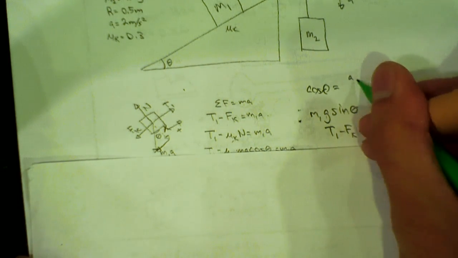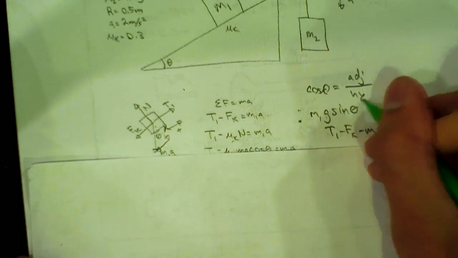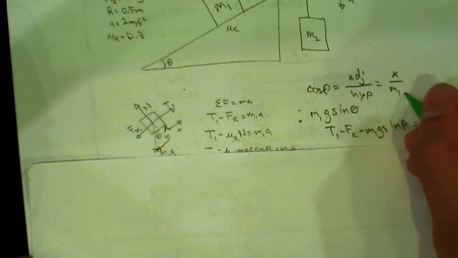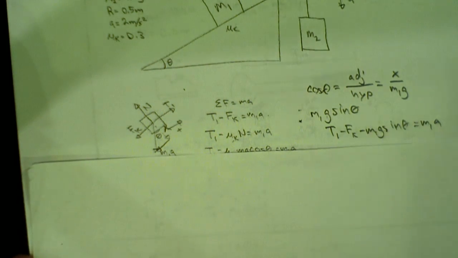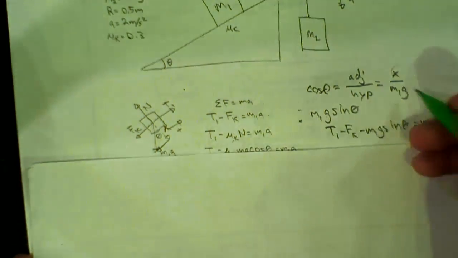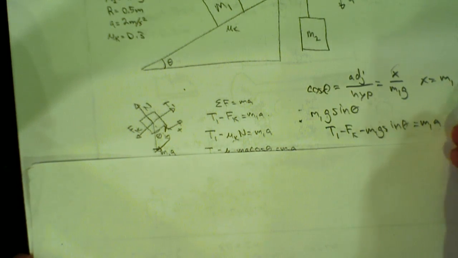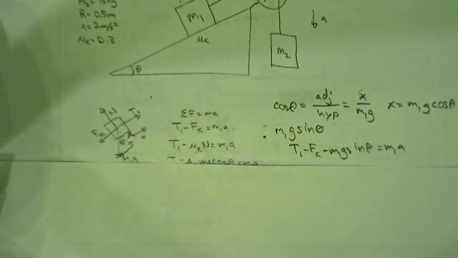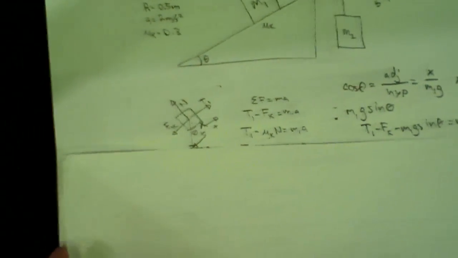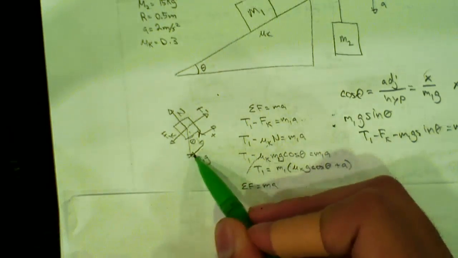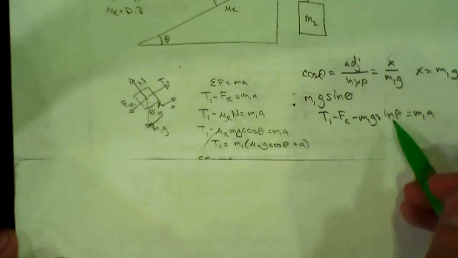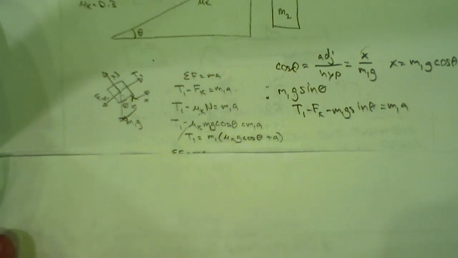The adjacent is x, and the hypotenuse is the m1g. All right? And so if we solve for x, because that's what we care about, you'll get x equals m1g cosine theta. Make sense? And then the opposite for this component is sine theta for the same reason. You just do SOHCAHTOA, and that's how I got this sine theta over here. All right? So then we have this equation right here.